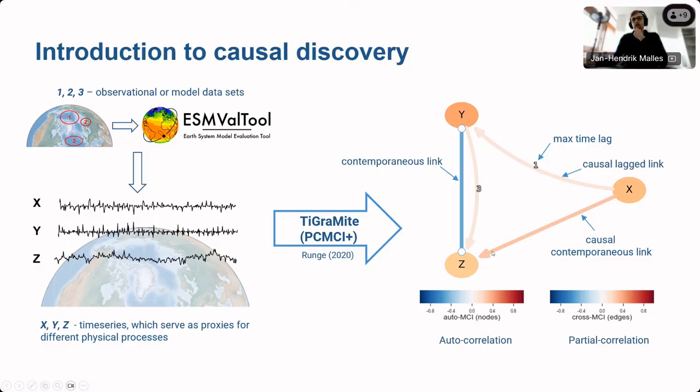But what this algorithm then gives you is such a graph with different links. For example, these curved links are time-lagged links. You have contemporaneous links, which are the straight links, and then the color indicates the strength and the direction. Blue would be a negative link, and red positive.